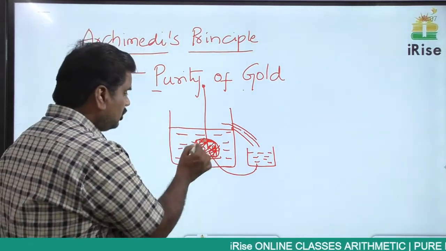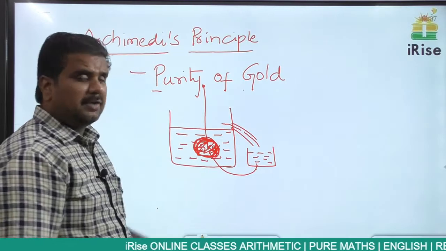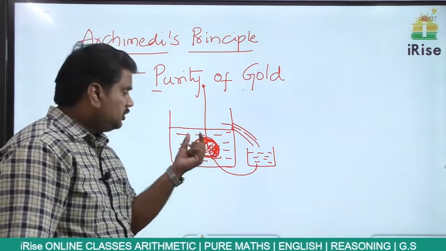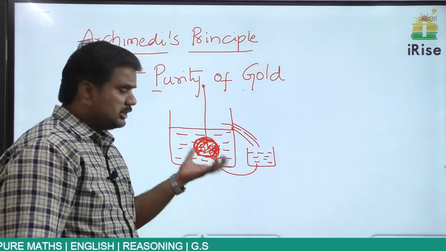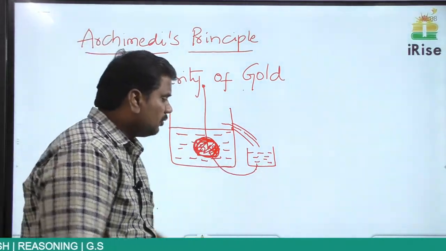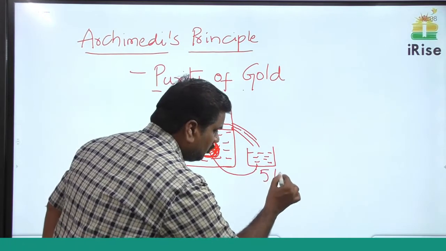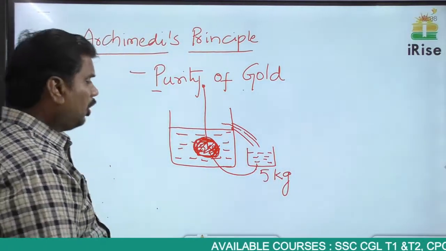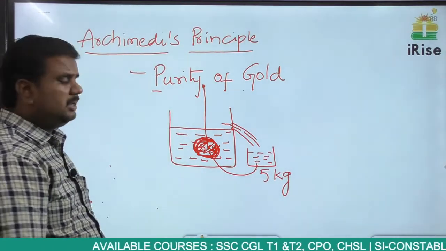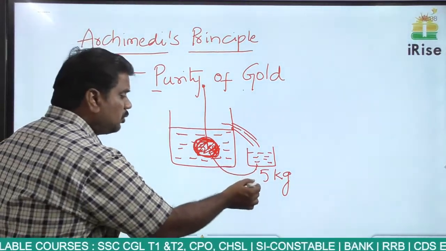Here you are immersing an object which has a weight of 5 kgs, and it displaces an equal amount of water. Even this water, if you weigh it, weighs 5 kgs. An object which is immersed in water will displace an amount of water equal to its weight.